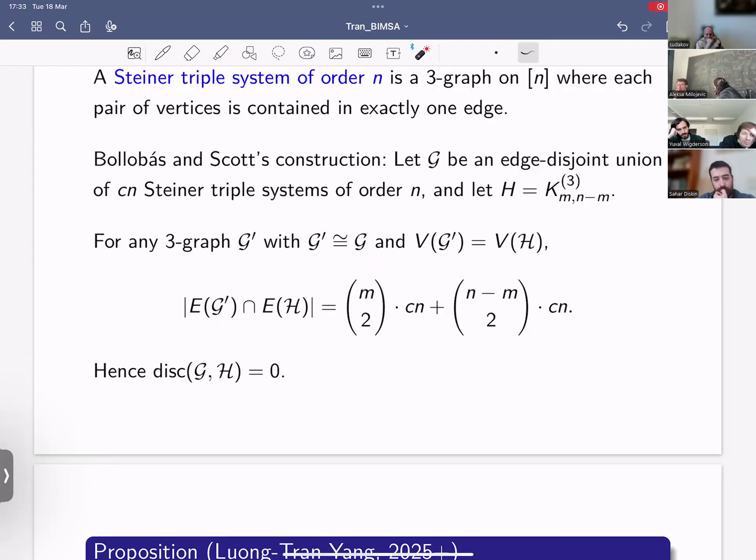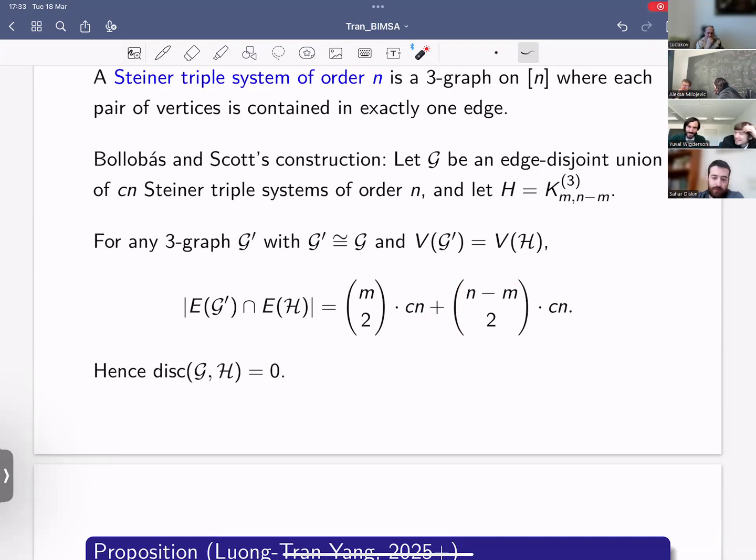And because this is a disjoint union of cn Steiner triple systems, each pair of vertices from the first part is contained in exactly cn triples in G or G prime. And similarly, each pair, yes.